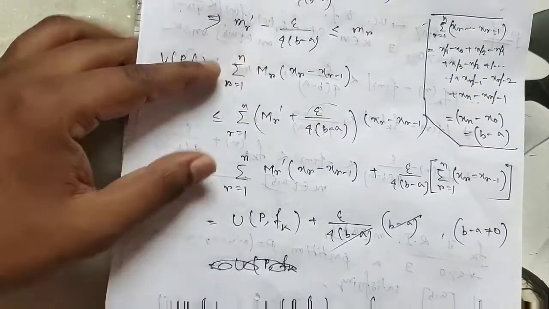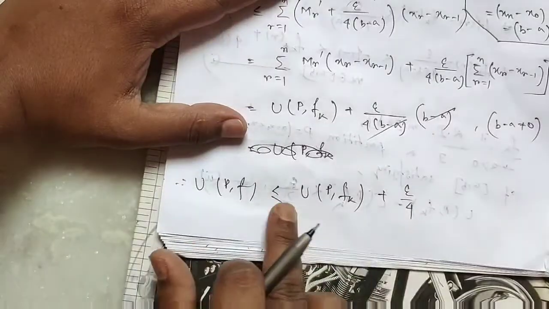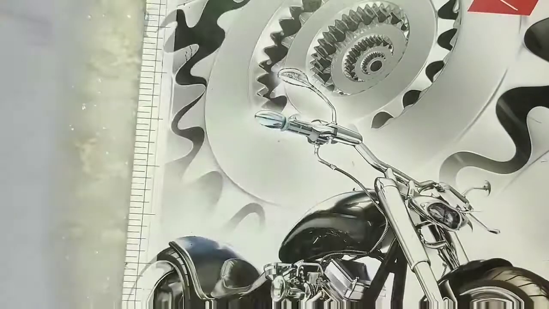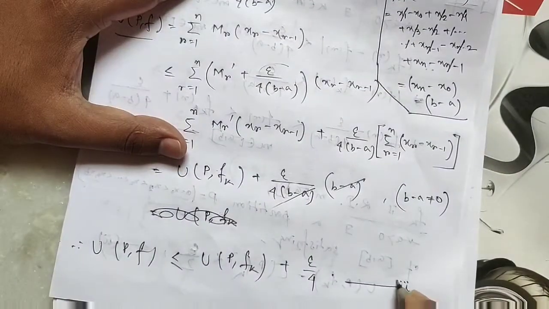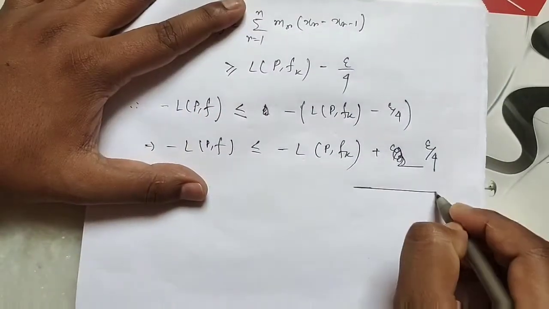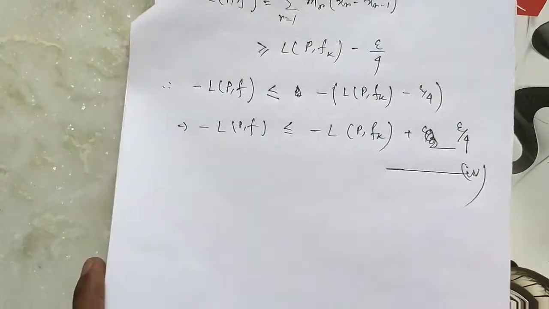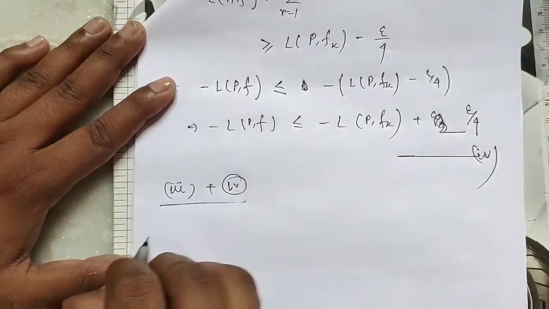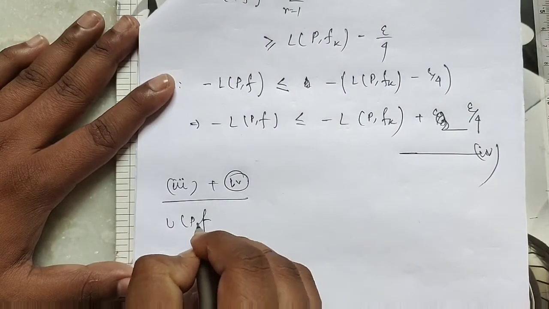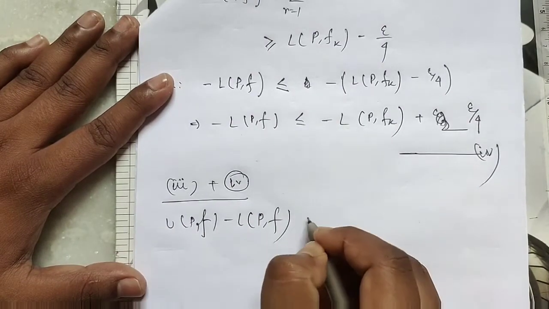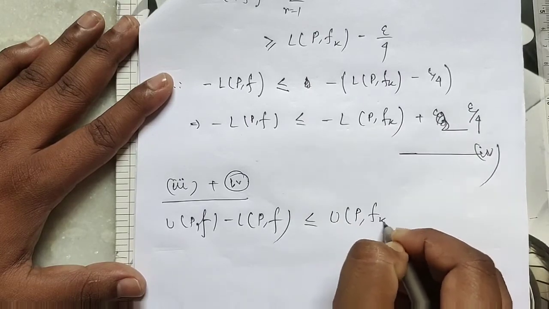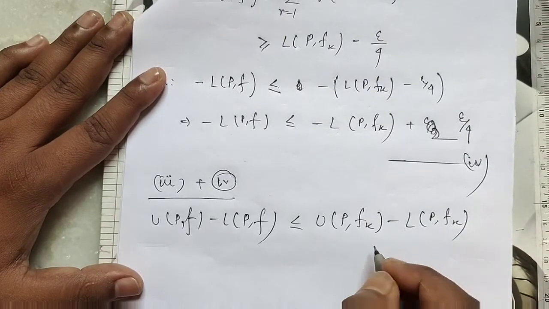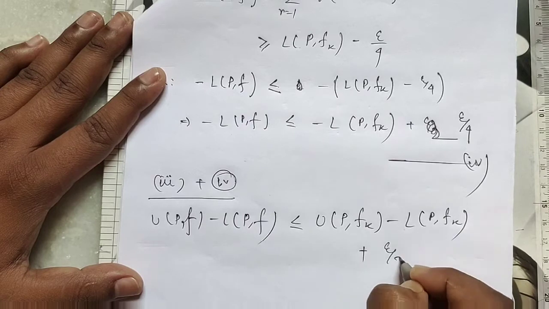So U(P,f) is less than or equal to this, and minus L(P,f) is less than or equal to this. If we add these, take this as 3 and this as 4, if we add 3 and 4, U(P,f) minus L(P,f) is less than or equal to U(P,f_k) minus L(P,f_k) plus epsilon by 2.